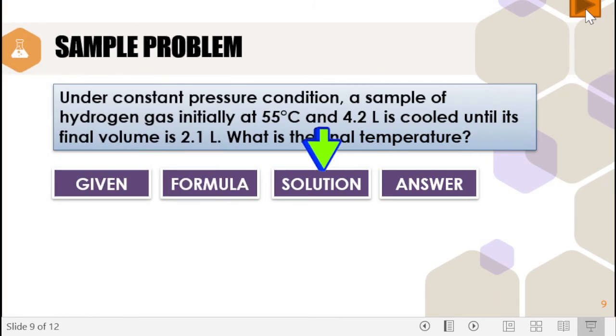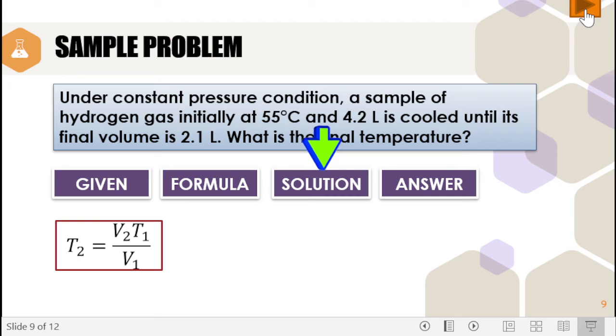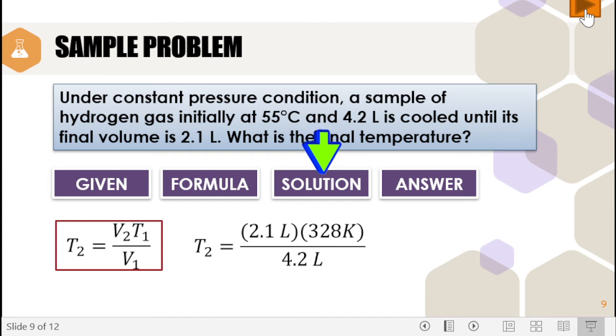The next step is the solution. By using the formula, let us substitute the given. T2 is equal to 2.1 liters multiplied by 328 Kelvin divided by 4.2. By looking at this equation, we can already cancel similar units, and that is liter.